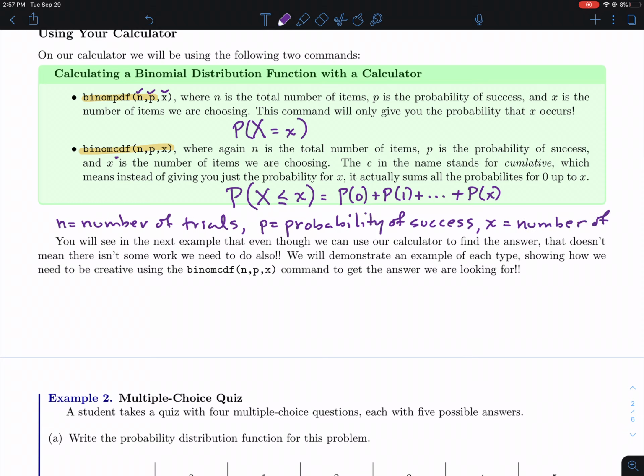So it's always going to be in that order. More than likely, if you make a mistake, you typed them in a different order. Worst case scenario, you'll get an error. Best case scenario, you'll get an answer that probably makes no sense whatsoever. So always keep track: the number of trials goes first, comma, the probability, comma, the number of successes. I'll show you on the calculator as we go through here, so you know how to do it.